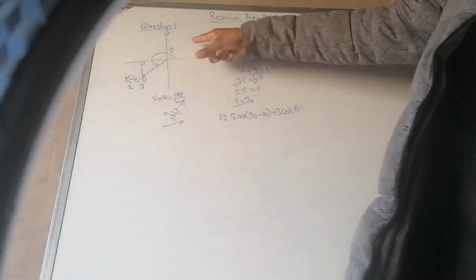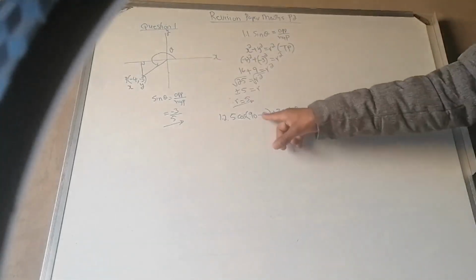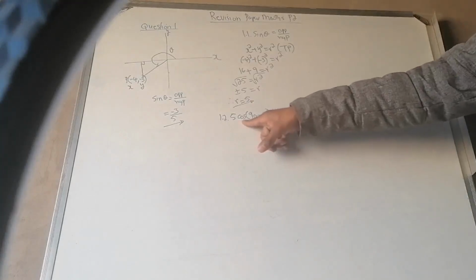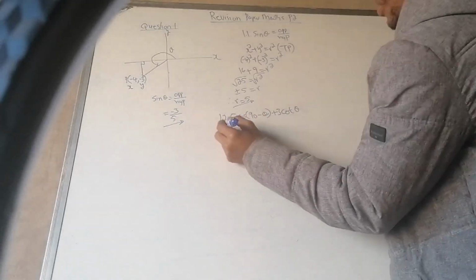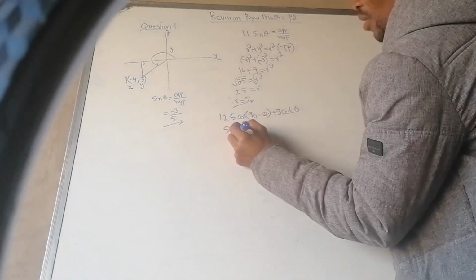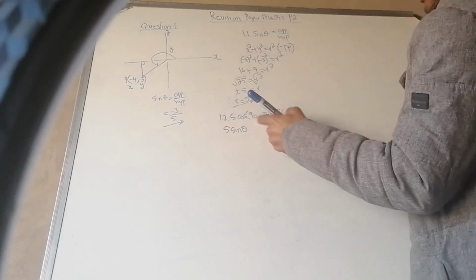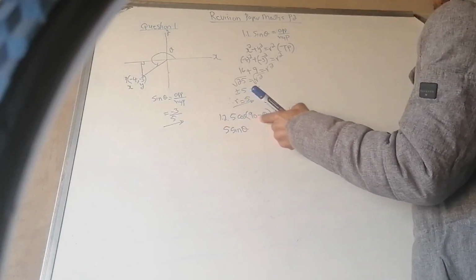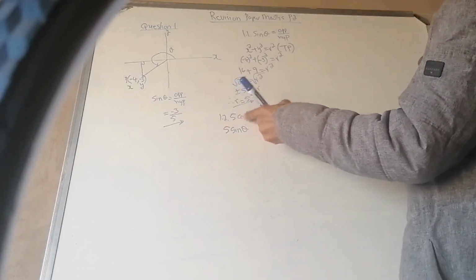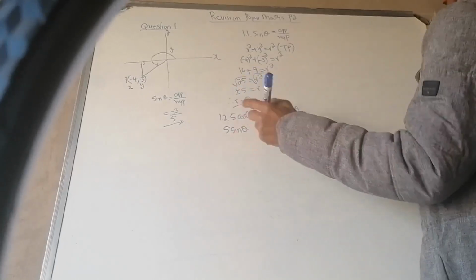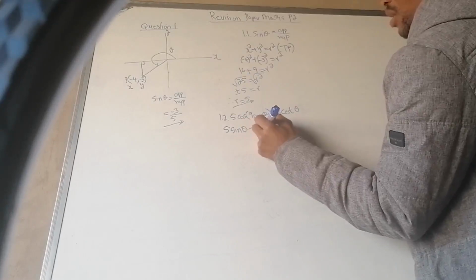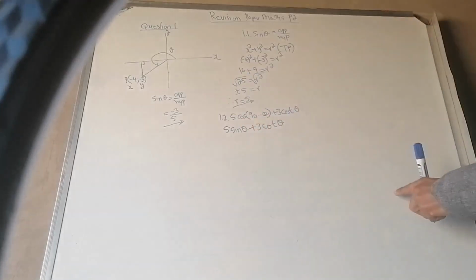All the trigonometric ratios are positive, but the name changes from cos to sine. So you will have 5 sine of theta, because this is the first quadrant. They are all positive. The name changes if you say 90 plus or minus, from cos to sine. You have your 3 cot theta.